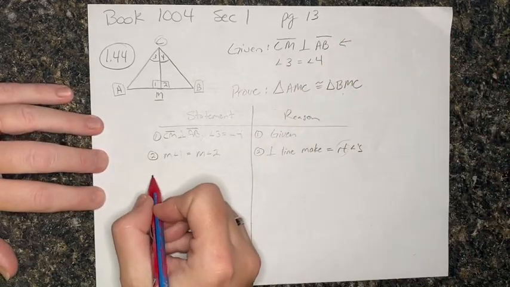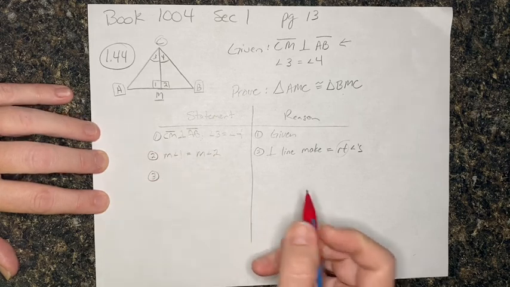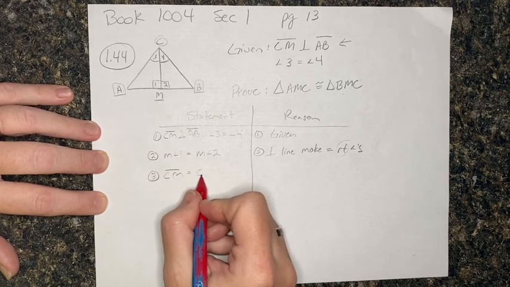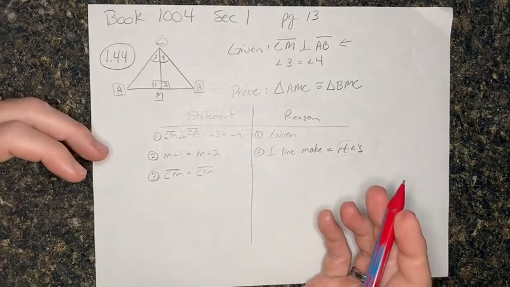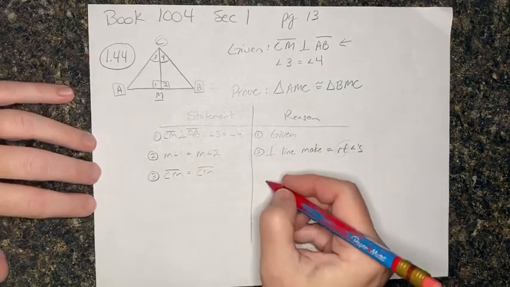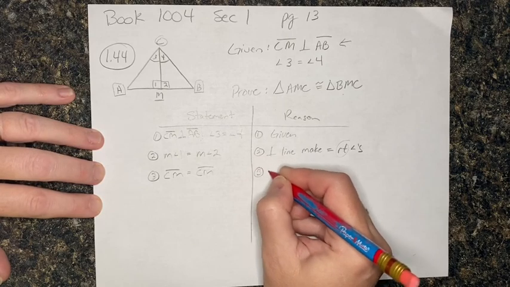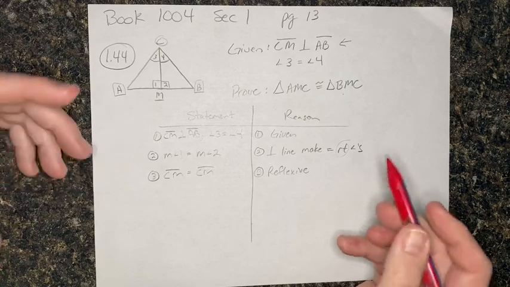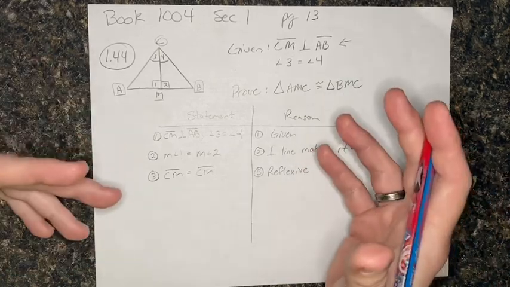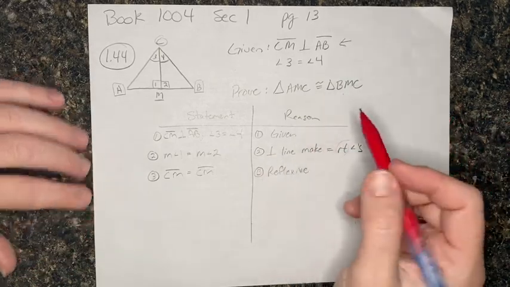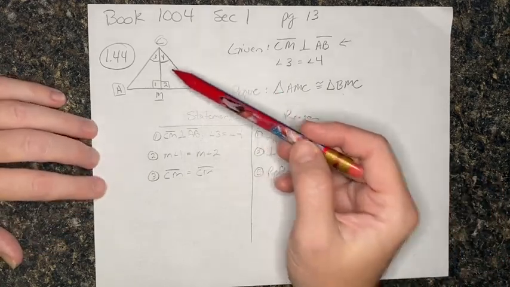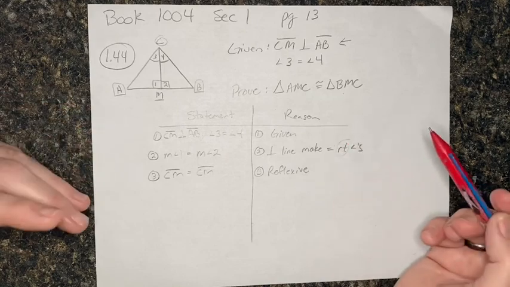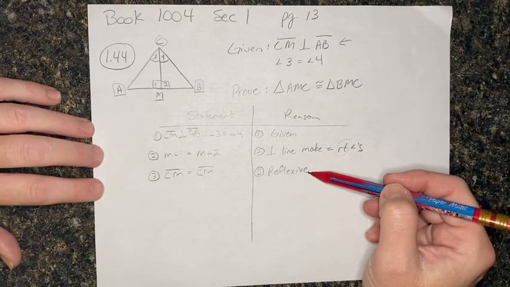And here's how we write that. All right, this is number 3. We can write that CM, the segment, is equal to CM, the segment, because reflexive is what that's called. This is why I wanted to do this one. If ever we use the same side or the same angle for different triangles, we can call that side or that angle equal to itself because it's reflexive.